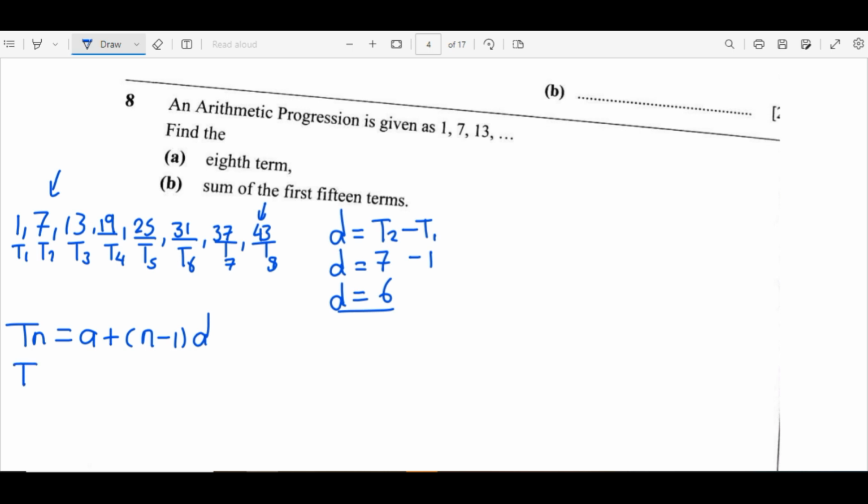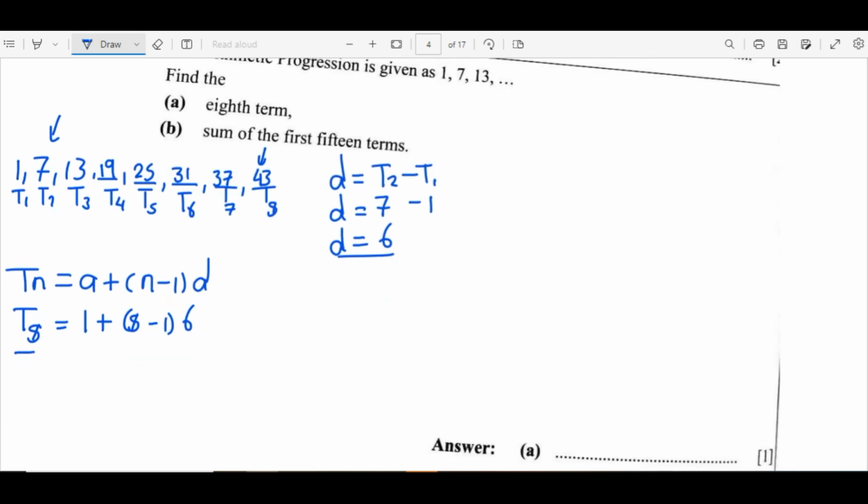Since we are solving for the 8th term, n is 8. A is our first number, 1. Here we have 8 minus 1, and the common difference is 6. Here we have 7, so if we multiply 6 times 7, we get 42. 42 plus 1, we still get 43 as our final answer.